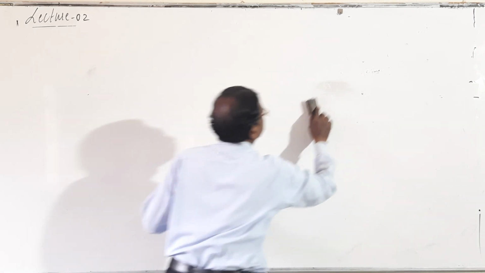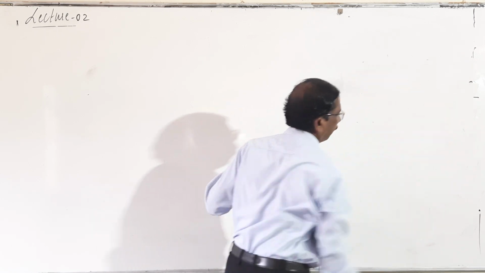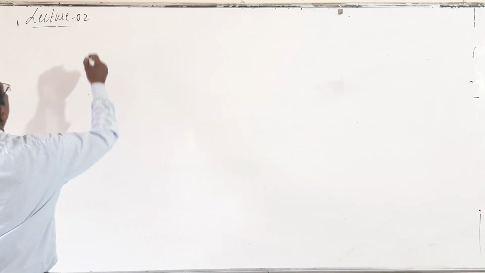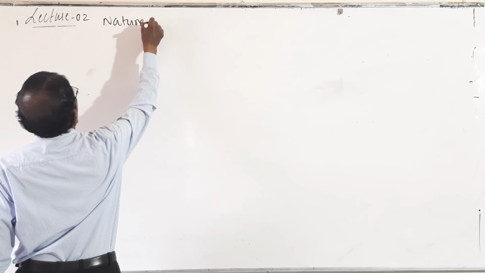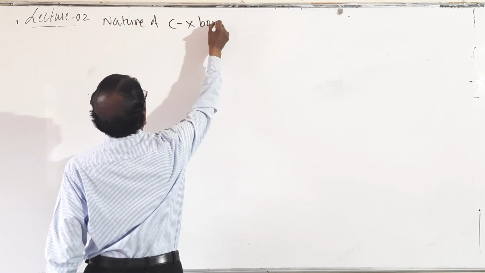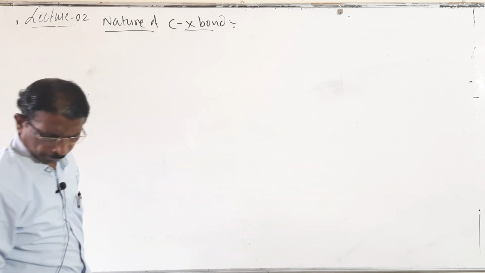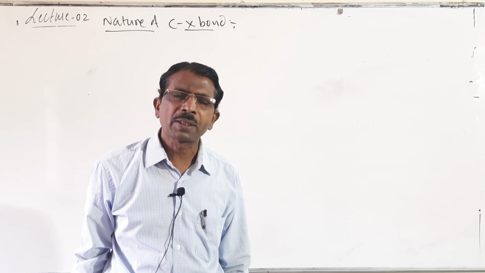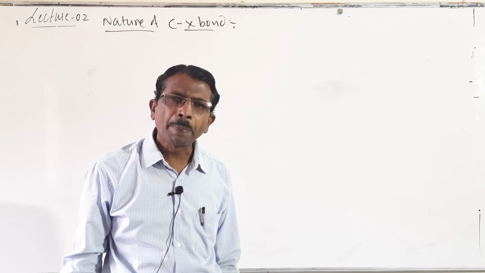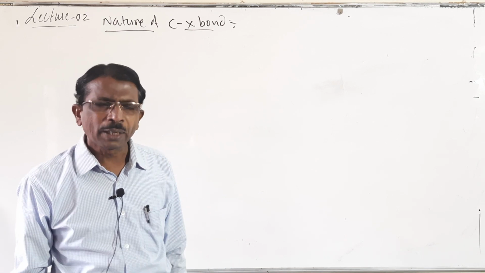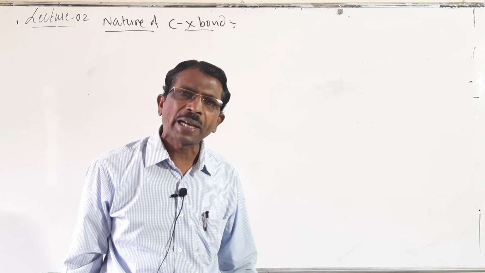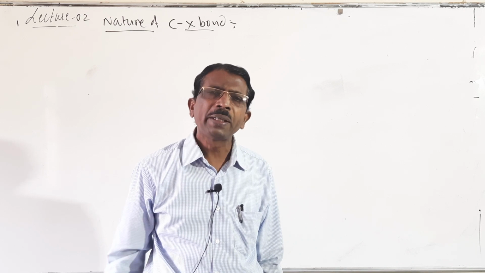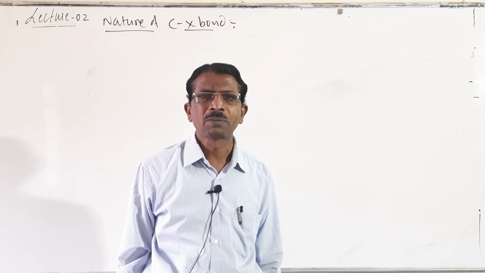In haloalkanes, the halogen atom is more electronegative as compared to the carbon atom. Therefore, the carbon atom has a partial positive charge and the halogen atom has a partial negative charge, meaning the C-X bond is polarized.